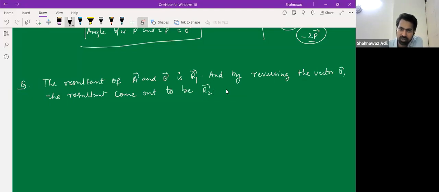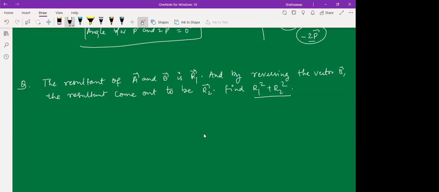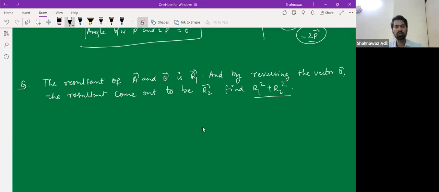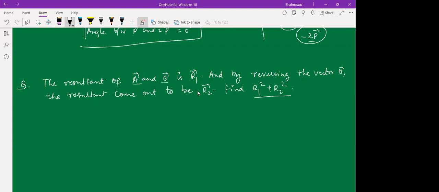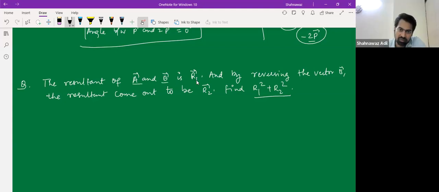Then we have to find R1 square and R2 square. Did you understand the question? Yes, a little bit. So you have two vectors, right? Yes, sir. And the resultant is R.